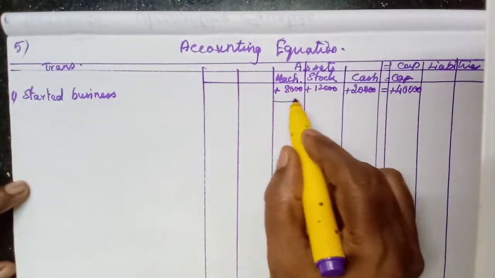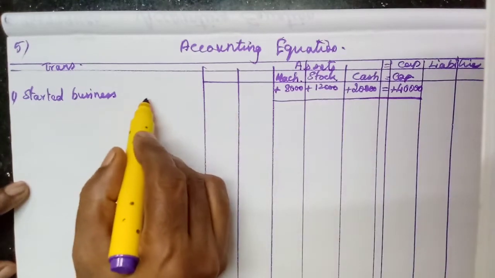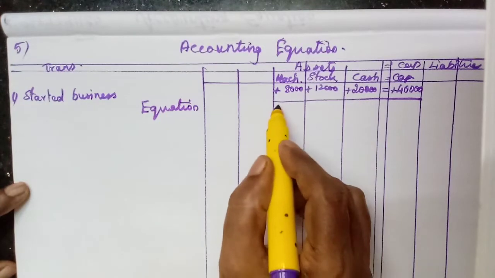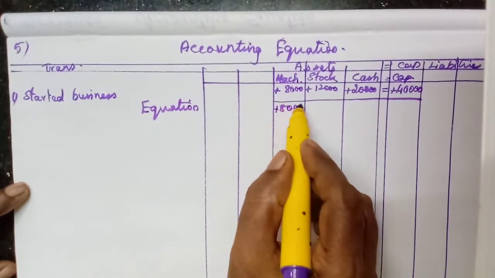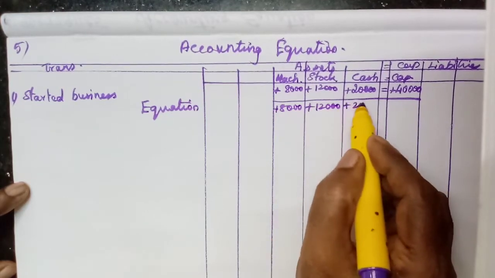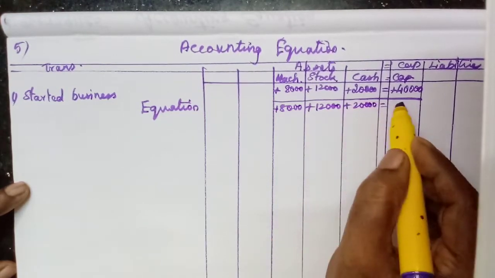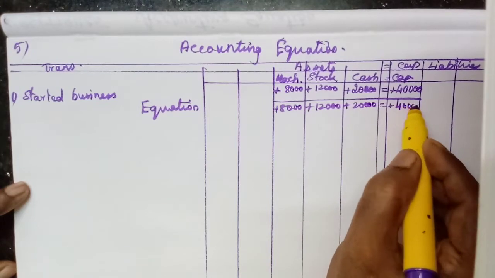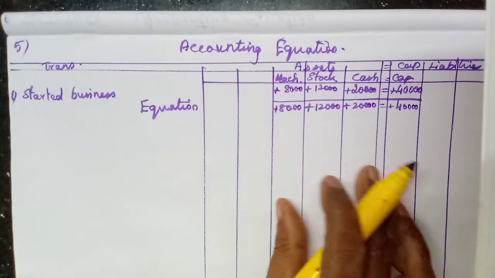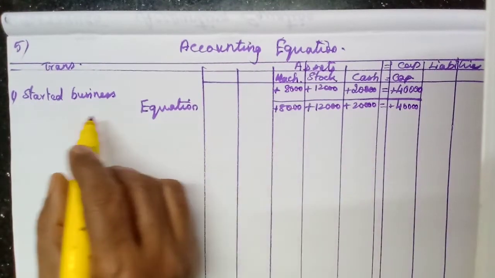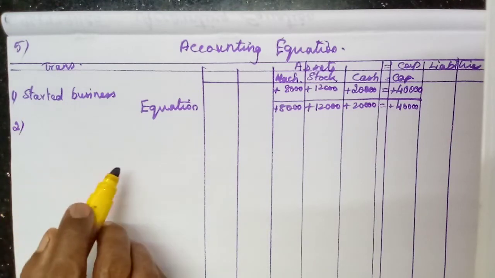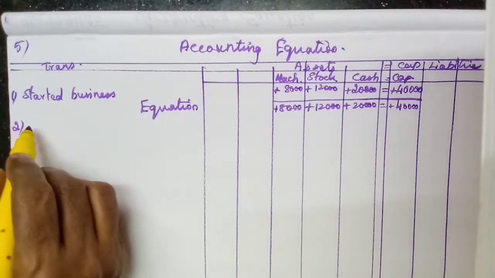Okay, now you draw the line and write the equation. Same thing only will come. 8,000 plus 12,000 plus 20,000 equal to plus 40,000. We would have drawn a little bigger line. Leave a little more space and draw.